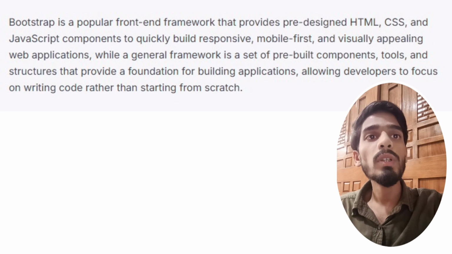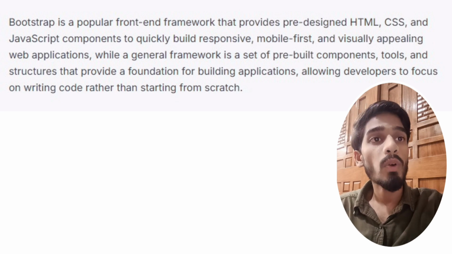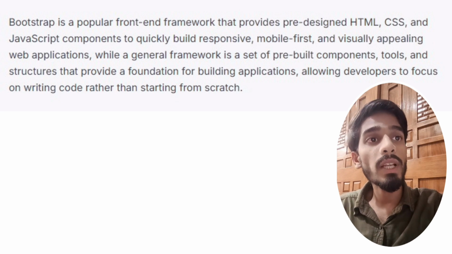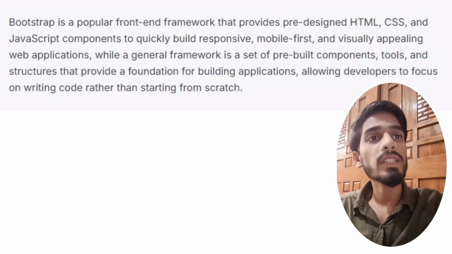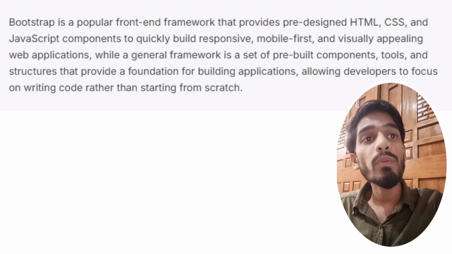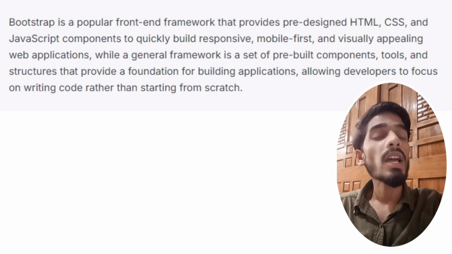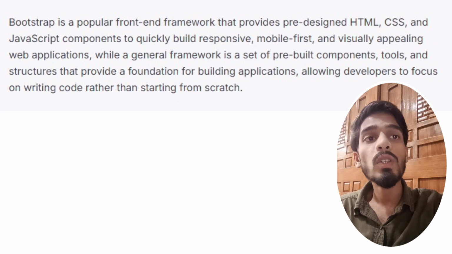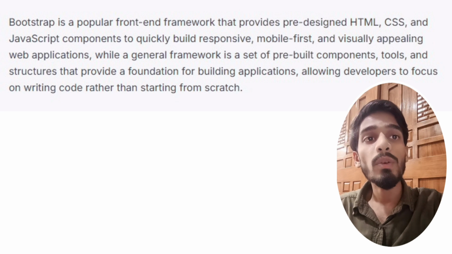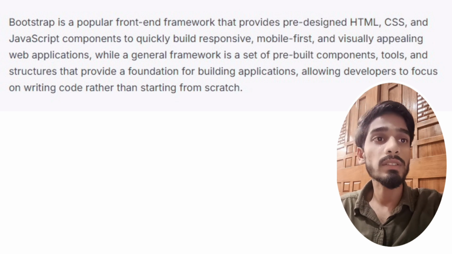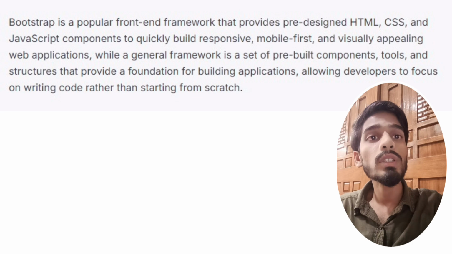Bootstrap is a popular front-end framework that provides predefined HTML, CSS, and JavaScript components to quickly build responsive, mobile-first, and visually appealing web applications. While a general framework is a set of pre-built components, tools, and structures that provide a foundation for building applications, allowing developers to focus on writing code rather than starting from scratch.